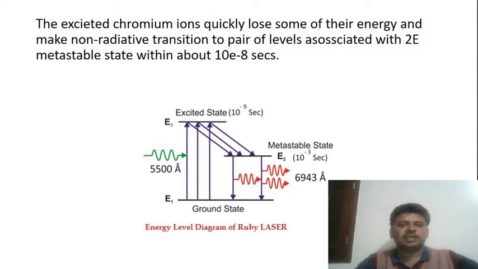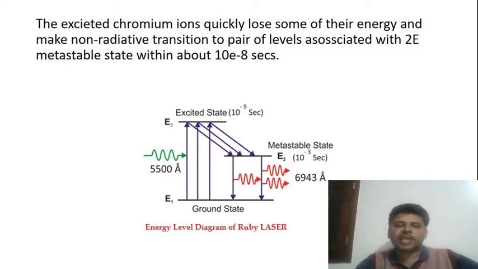Such a downward transition is called a non-radiative transition. At the time of transition from E3 to E2, it does not emit any radiation. So it is called a non-radiative state because the energy difference between E3 and E2 is very, very small.